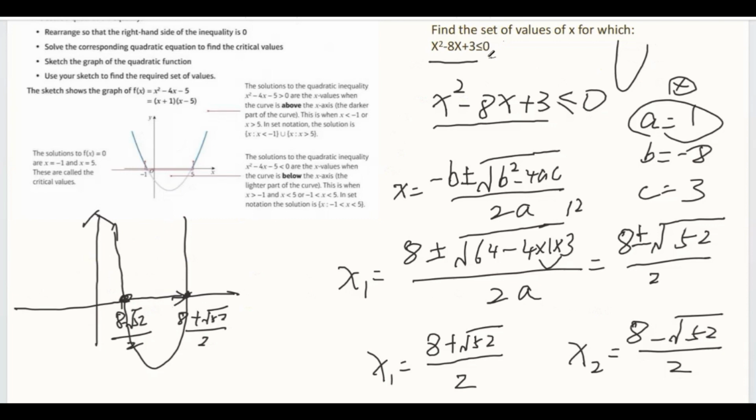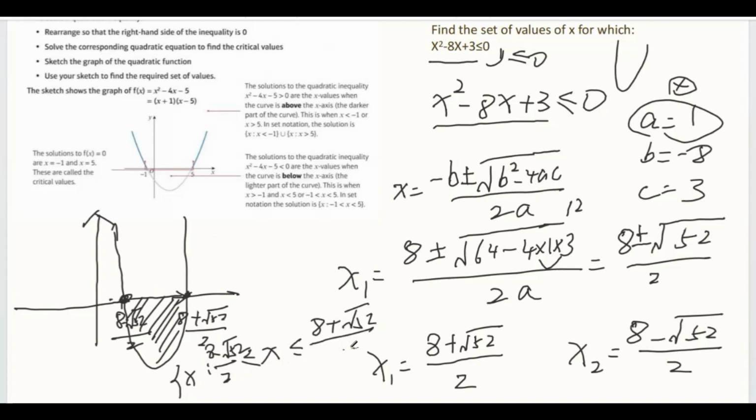We have to find the range where the quadratic is less than 0, which means y is negative, so look at this shaded part. The range would be x greater than or equal to (8 minus the square root of 52) over 2 and less than or equal to (8 plus the square root of 52) over 2.